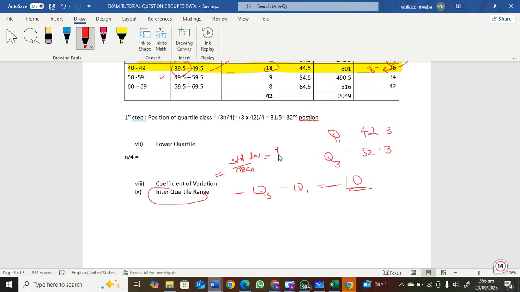Standard deviation 9.9, mean 48.8. 9.9 divided by 48.8 is 0.2. A higher coefficient of variation means your data is less consistent, a lower one means a lot of values are close to each other.